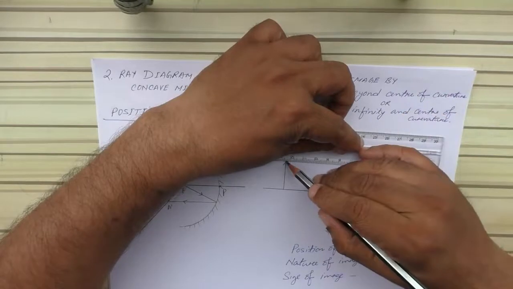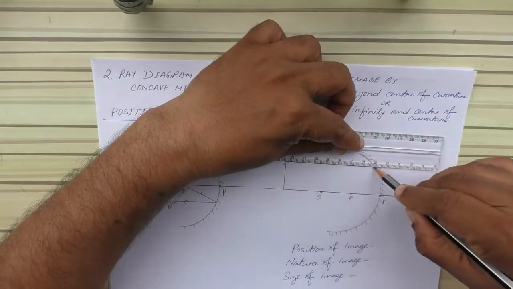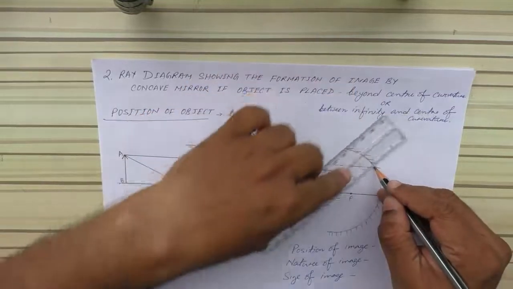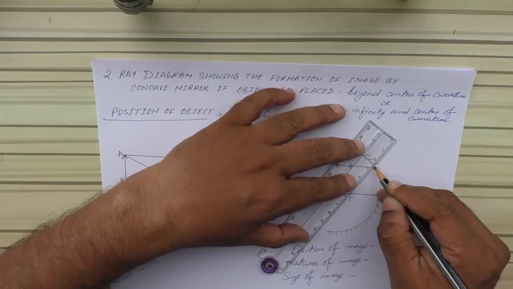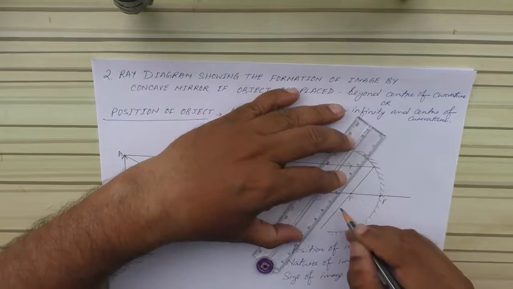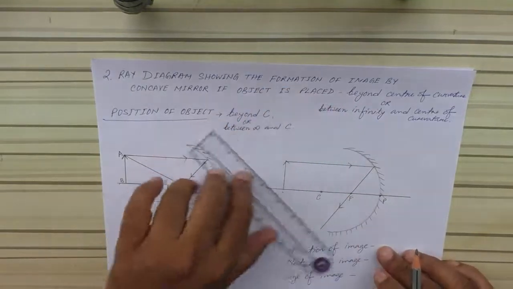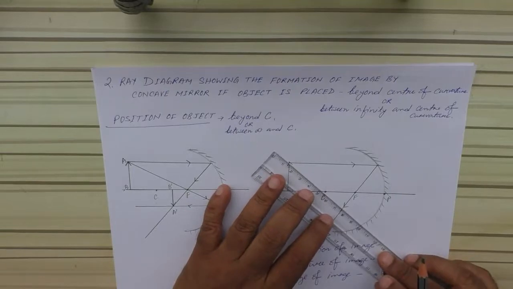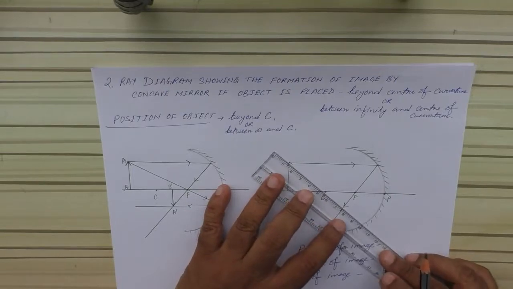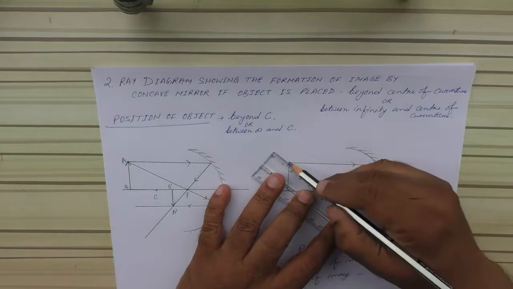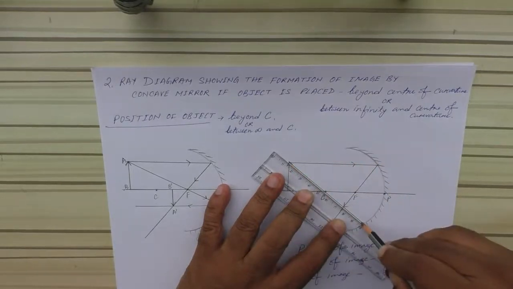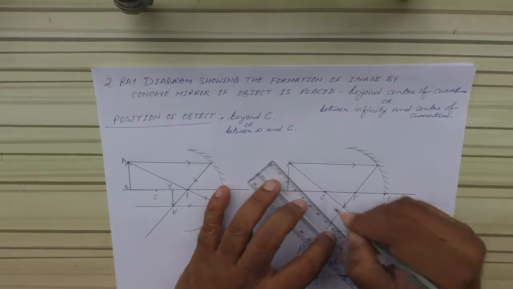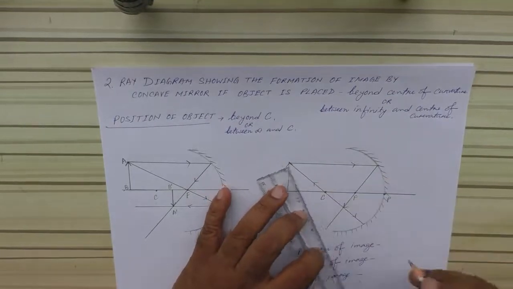We are considering a ray of light incident parallel to the principal axis. We know that after reflection, this light ray will pass through focus. If I consider a ray of light incident after passing through center of curvature, we know the rule, this light ray incident normally and will retrace its path.